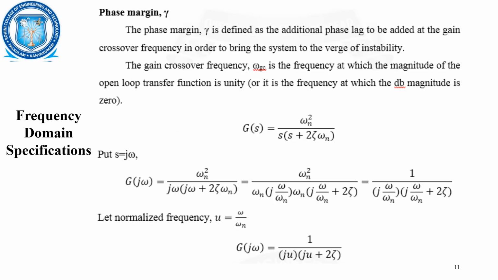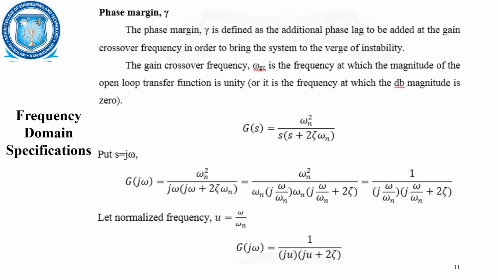Now coming to phase margin. The phase margin is represented as gamma and is defined as the additional phase lag which is to be added at the gain crossover frequency in order to bring the system to the verge of instability. So what is gain crossover frequency? It is the frequency at which the magnitude of the open loop transfer function is unity.